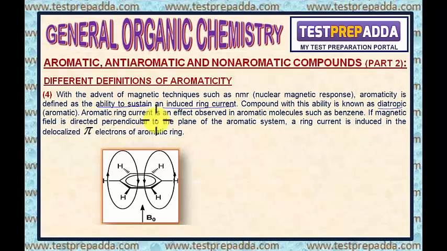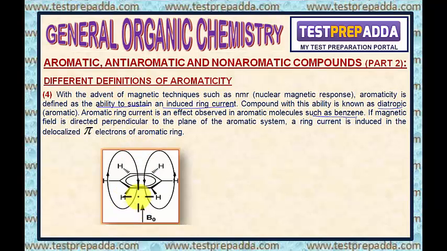Aromatic ring current is an effect observed in aromatic molecules such as benzene. If the magnetic field is directed perpendicular to the plane of the aromatic system, a ring current is induced in the delocalized pi electrons of aromatic ring. So this is the experimental technique to find whether a compound is aromatic or not.